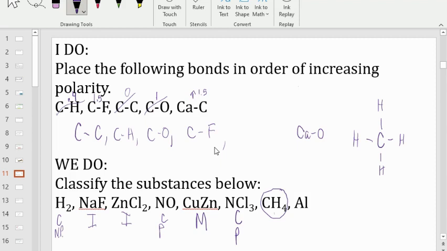These are all hydrogens. They are symmetrically placed around here. So this is going to be a nonpolar molecule because of that symmetry. And we're going to get into that more as we move through these units. All right, what about aluminum? Metallic. Okay.